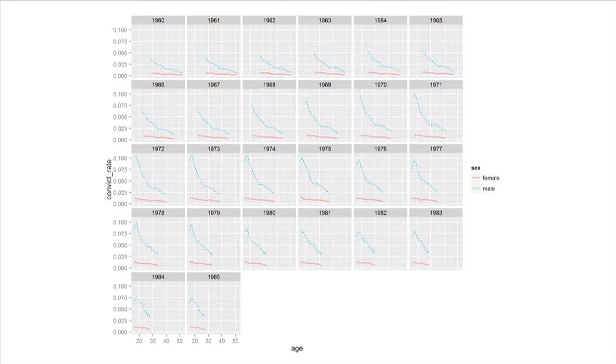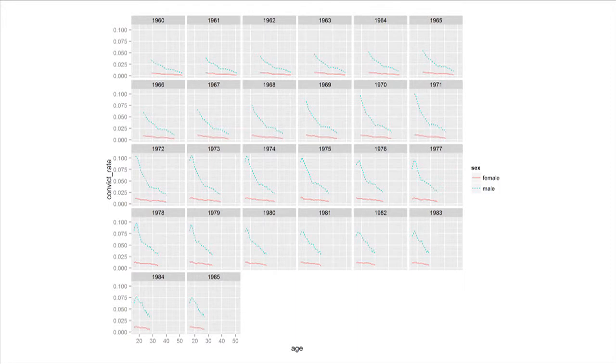So they're diagonals moving at 1 year per year, taking a lot of parallel diagonal sections for the birth cohorts born in 1960 up to 1985.